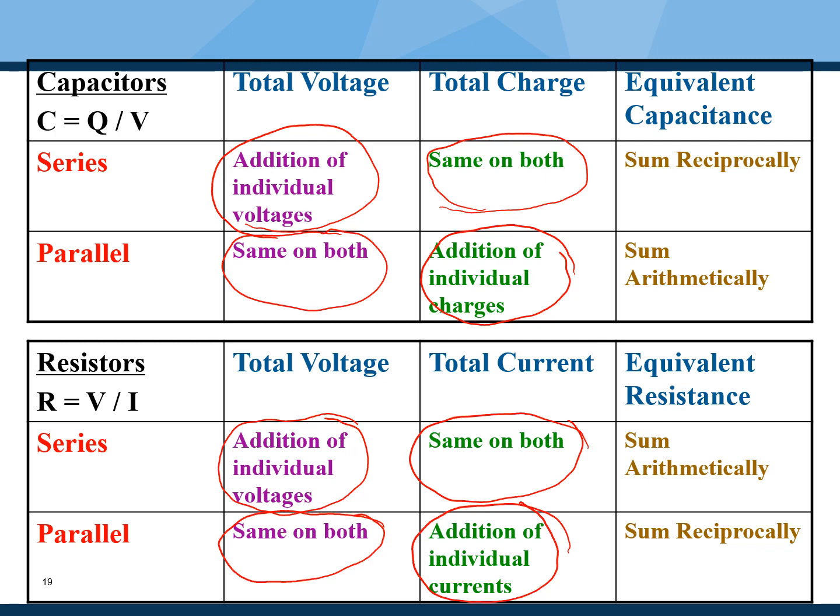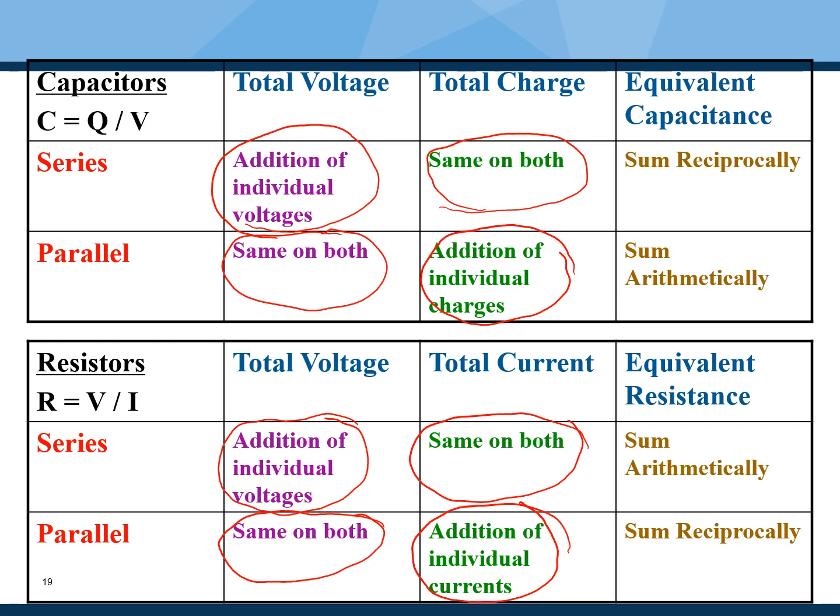So with that understanding, we realize that all the things that we say about charges for capacitors go over to being currents for the resistors, because in capacitors we care about the charge on the circuit, while in resistors we care about the current flowing through the circuit. However, realize that our definitions of capacitor and resistor are a little upside down relative to each other.